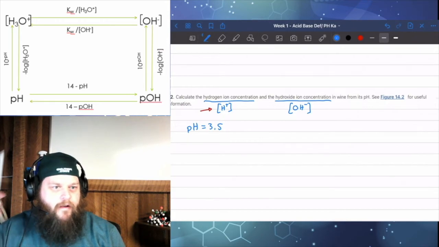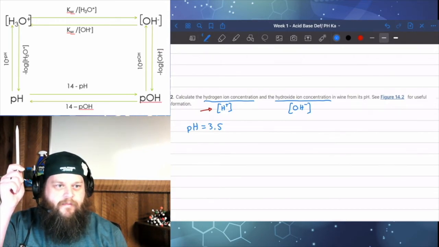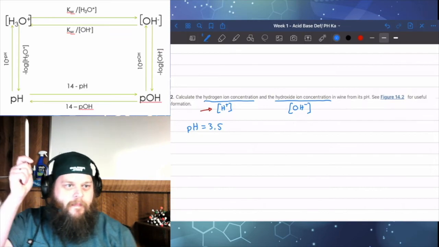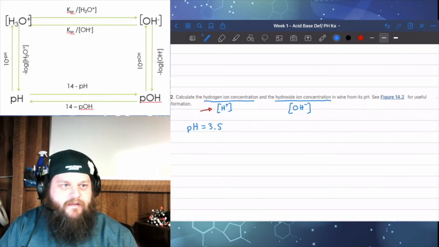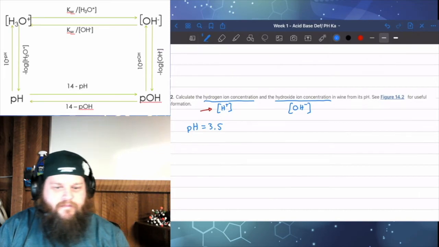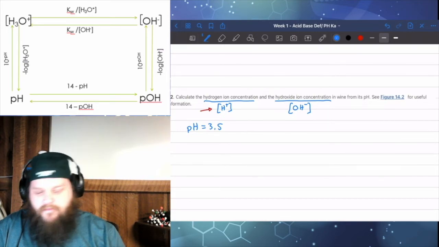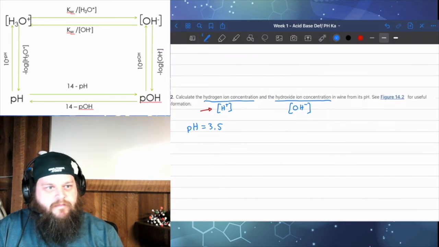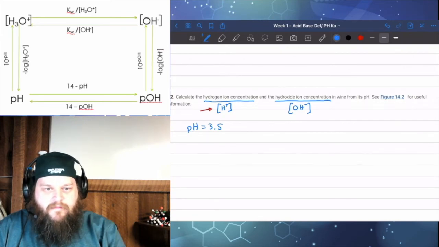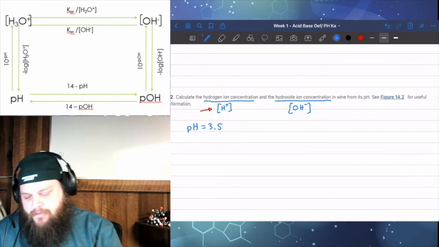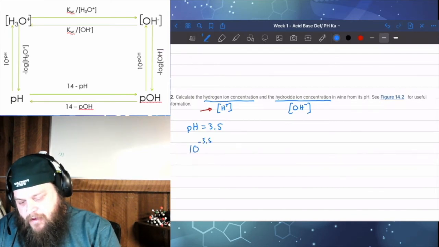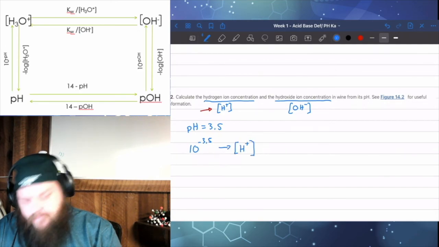We're kind of converting from, where's my camera? The left side here, going up by box, from pH to H3O plus. Perfect. Yep, 10 to the negative 3.5. That's going to give us our concentration of H plus. Have you calculated that?